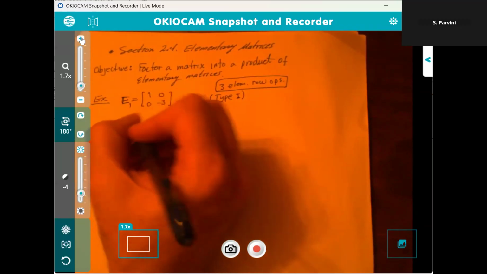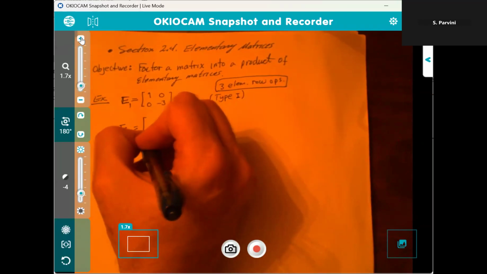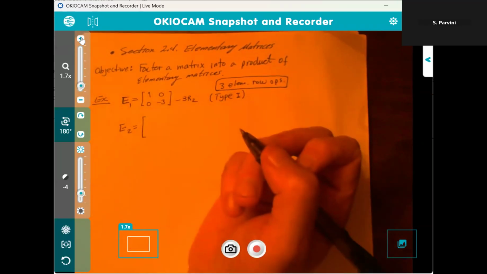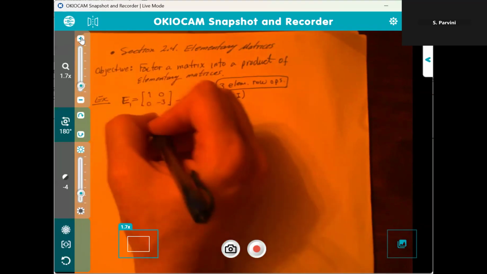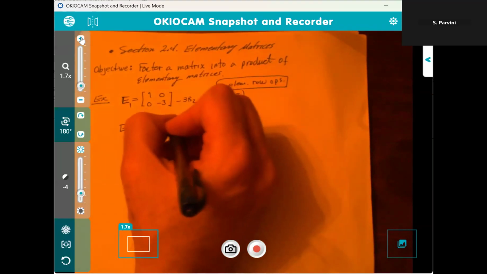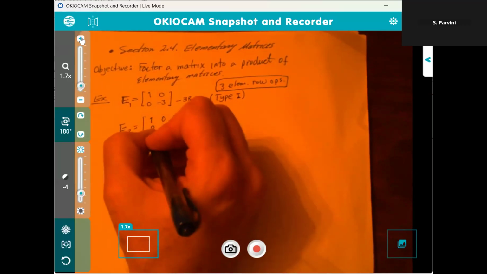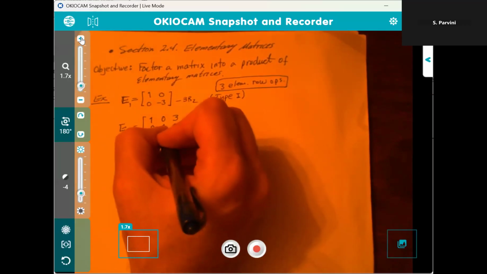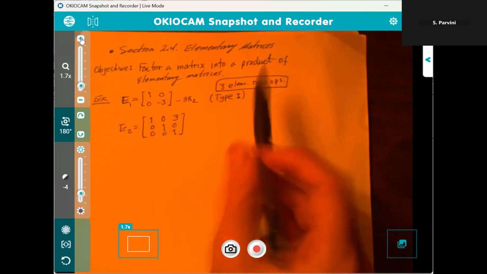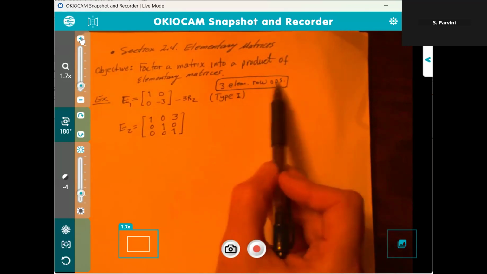Okay. Now, here's another one. Call this E1. This is E2, a separate one. I'm thinking a 3 by 3 identity matrix now. Tell me, what do you think I did in order to get this matrix from the identity matrix? I did a single elementary row operation.